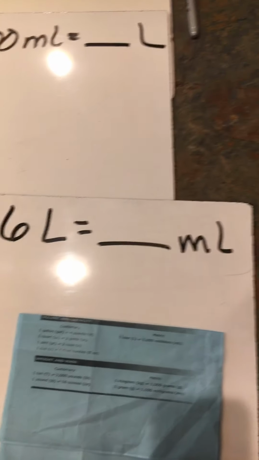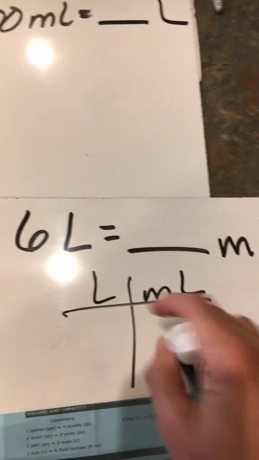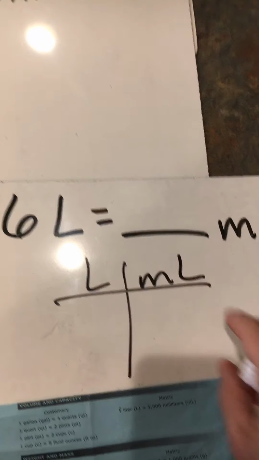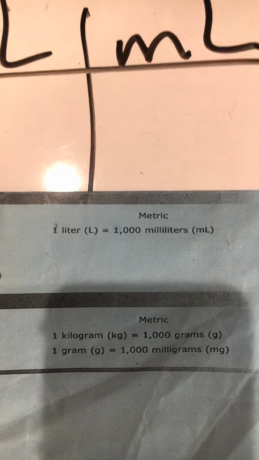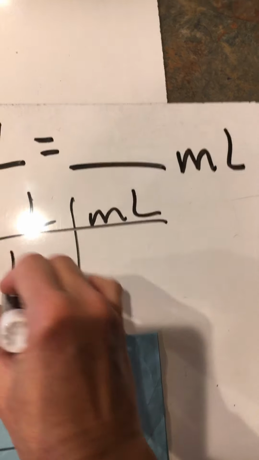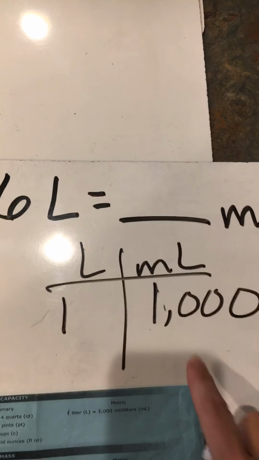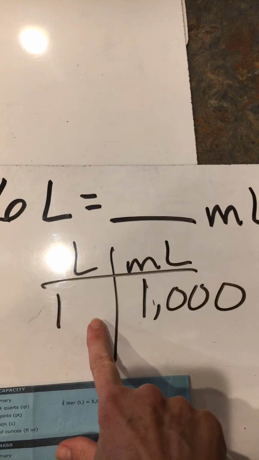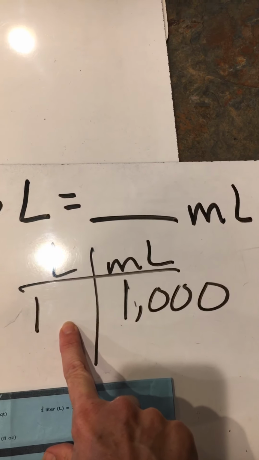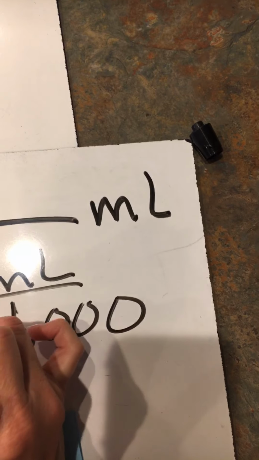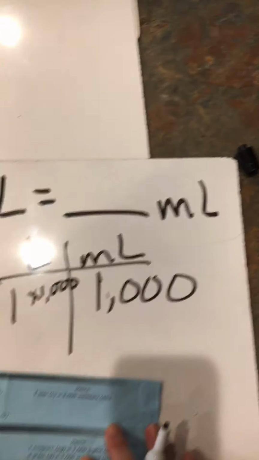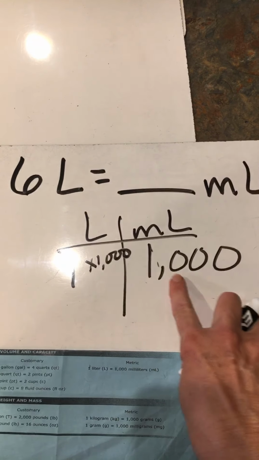If we want to go from liters to milliliters, we're going to make our little T-chart. Liters on the left, milliliters on the right. Make sure they match up. If we look at our chart, 1 liter is 1,000 milliliters. So it takes a whole lot of little milliliters to make a liter. So to go from liters to milliliters, we are multiplying by 1,000, because these numbers are getting larger.